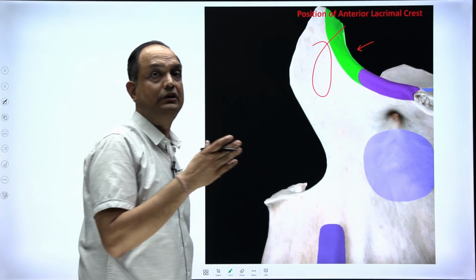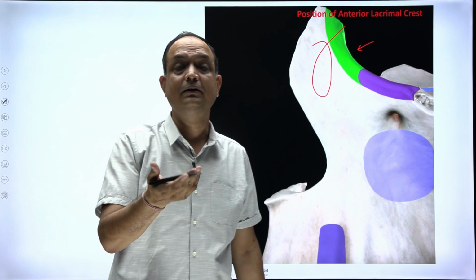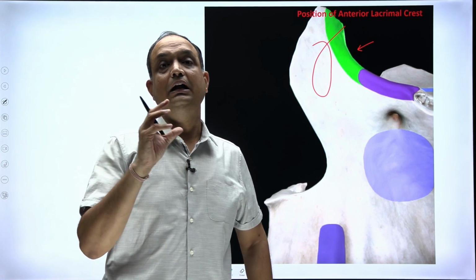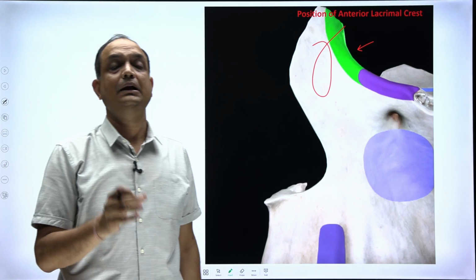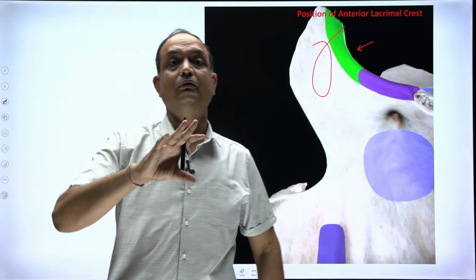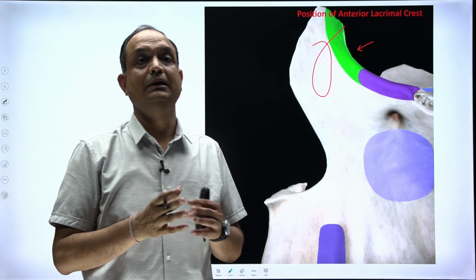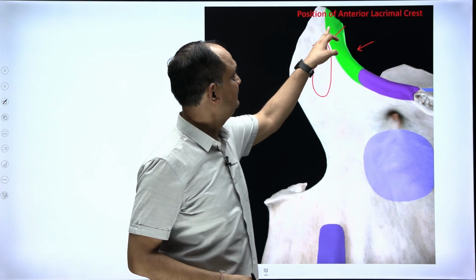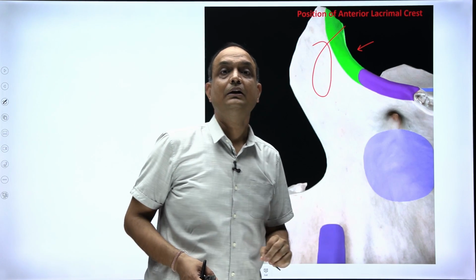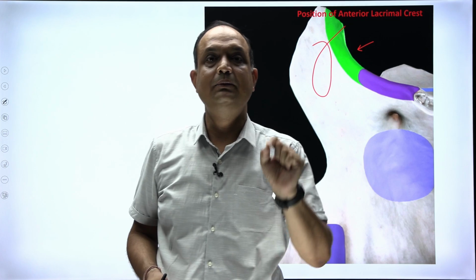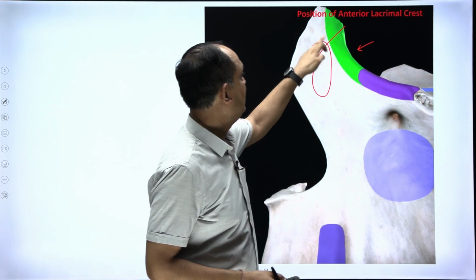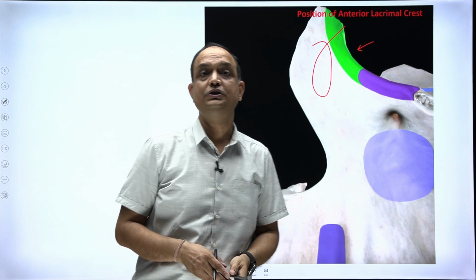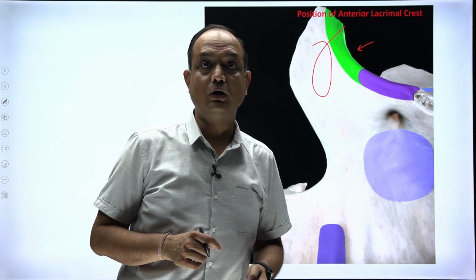That notch is going to be completed when there is articulation with the lacrimal notch, and ultimately they make a lacrimal groove for the upper part of the nasolacrimal duct, which is known as the lacrimal sac. So this green area is your anterior lacrimal crest, and this is a larger area anteriorly, and there is a small area posteriorly which has a small notch.